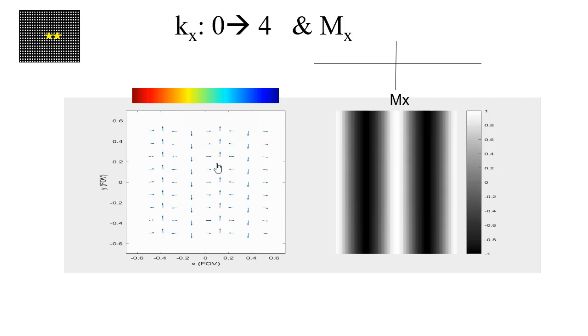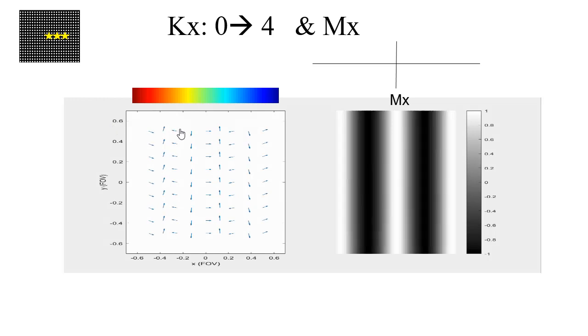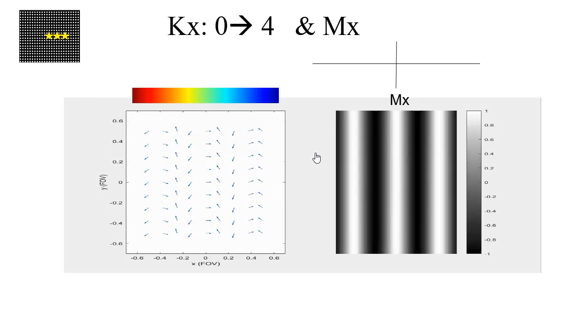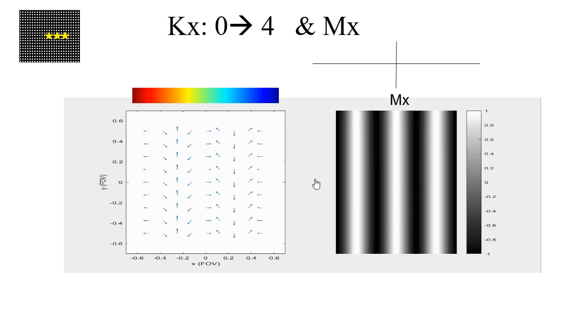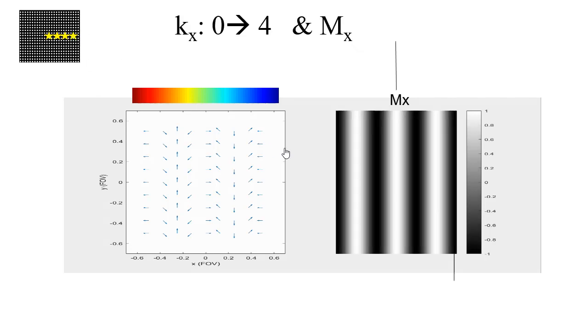And this might look a bit complicated, but if we look at the continuous case, it's easy to see that this is the kx equals 2 basis function. We associate it with that location. Do just a couple more here. Keep going, and this one is the kx equals 3 function, associated with that location in k-space.